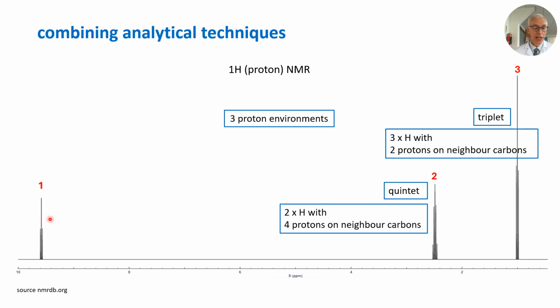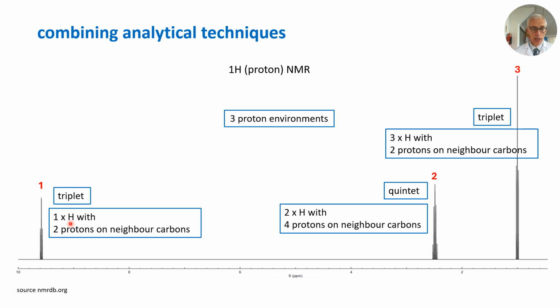And if we move to the left, we see this is a triplet. There's 1 proton in this proton environment, so that means that there are 2 protons on neighboring carbons.